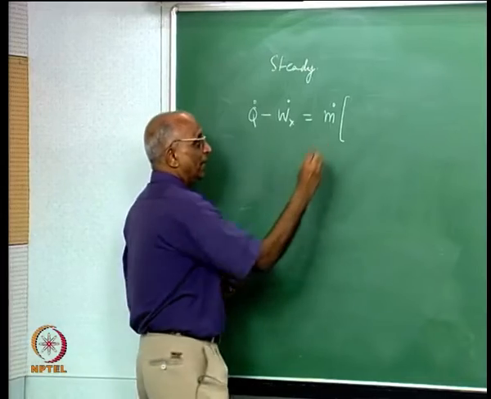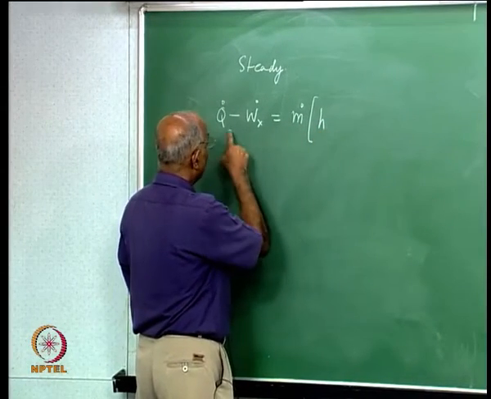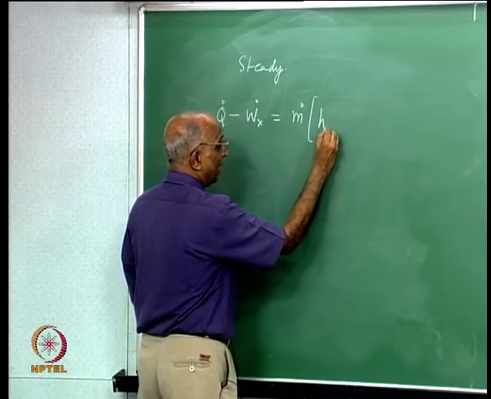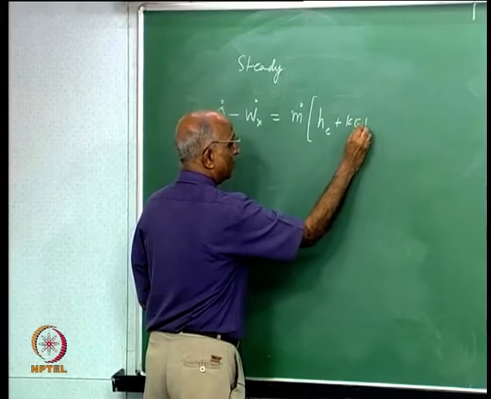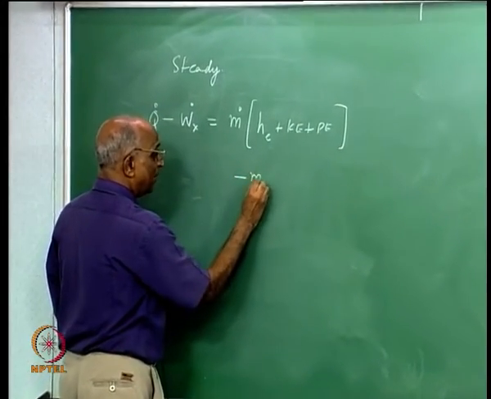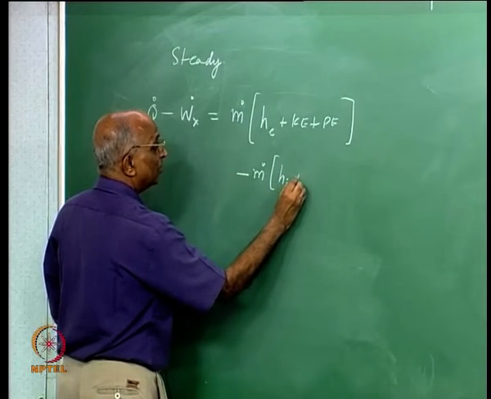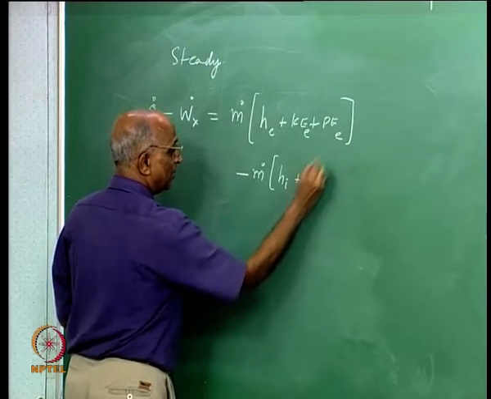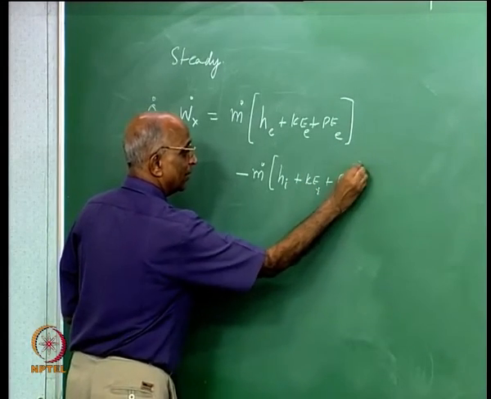You have enthalpy which is leaving, because you have some heat which is coming in, the work is done, H at the exit, plus kinetic energy at the exit, plus potential energy at the exit, minus the same mass which is entering will have an enthalpy Hi plus kinetic energy at the inlet, plus potential energy at the inlet.